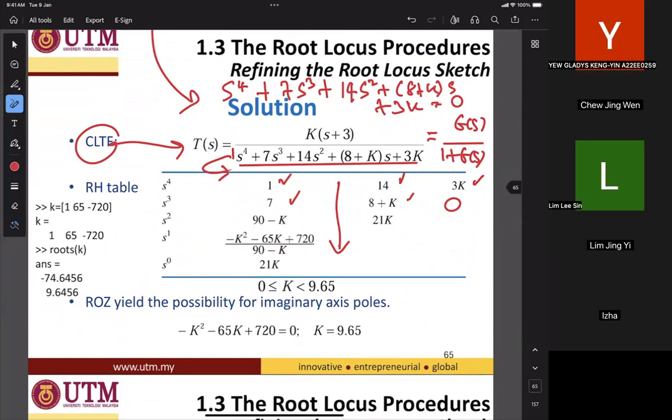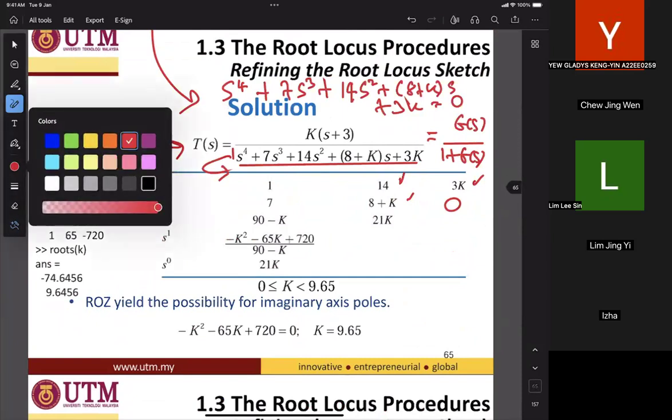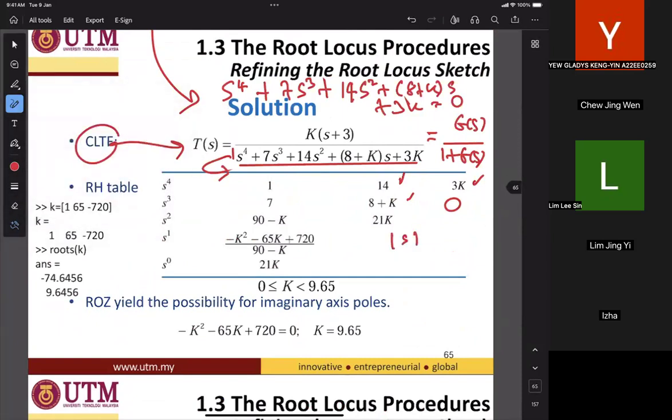So the theory says for stability, the first column of the Routh-Hurwitz table must be greater than 0. Okay, so this is the first column.